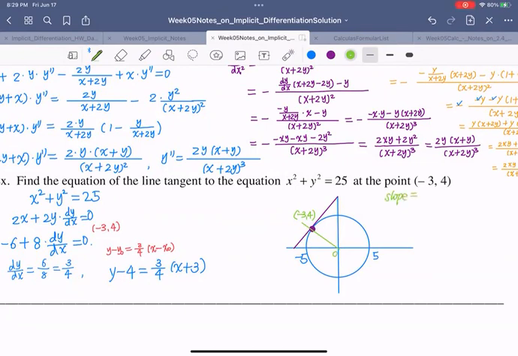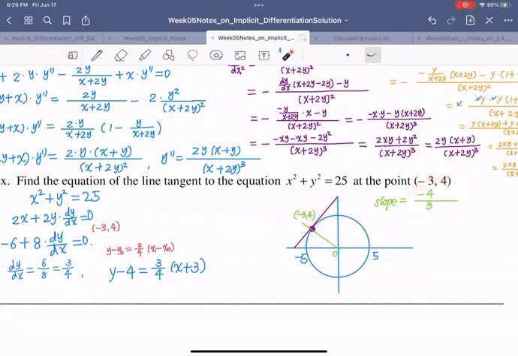Who can tell me what the green line slope is? Who divided by who? You pass this point, you pass (0, 0). Come on, slope formula. Everybody knows this. 4 minus 0 divided by -3 minus 0, which is -4 over 3.